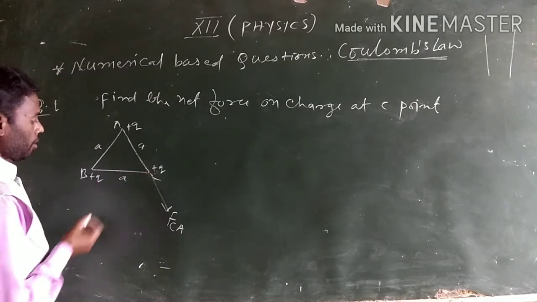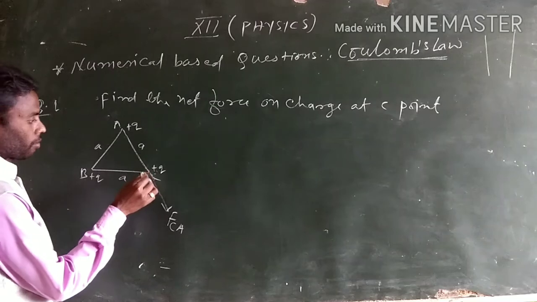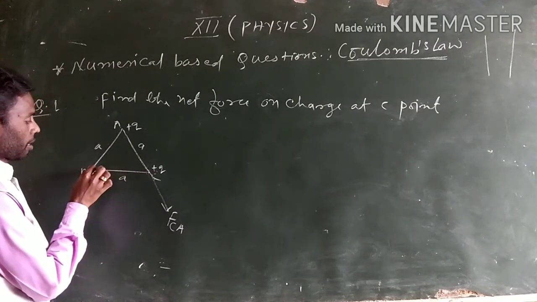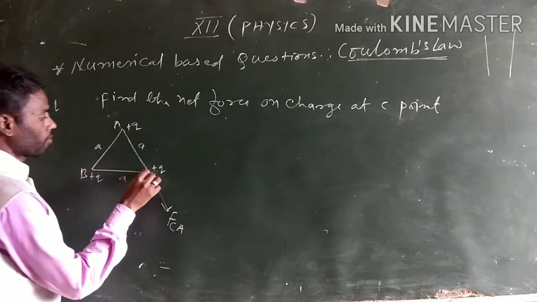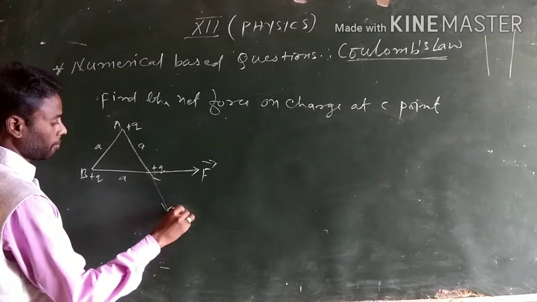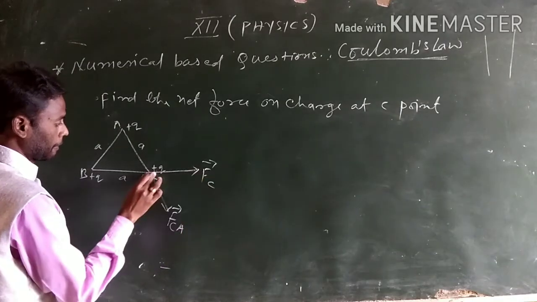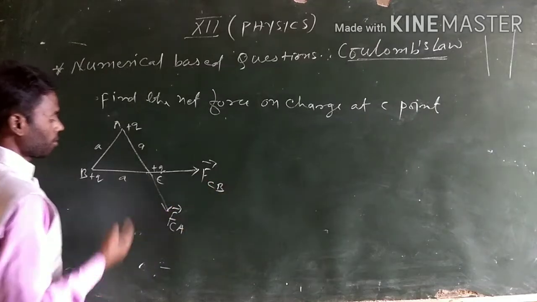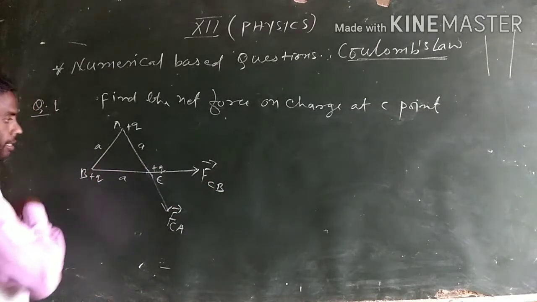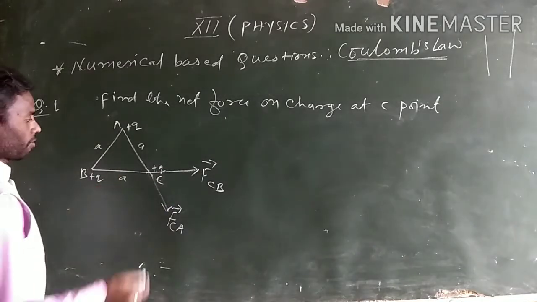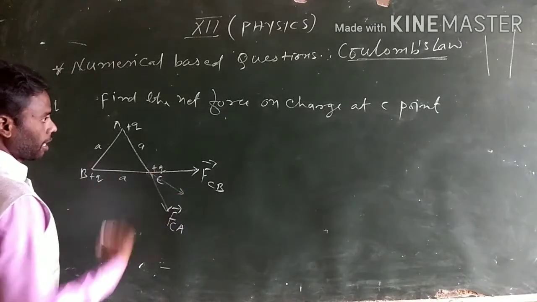Similarly, for the force on point C due to point B, the direction of the force will be this side, that is F_C due to B. Here also there are like charges, so it will be repulsive, and the net force will be in this direction.